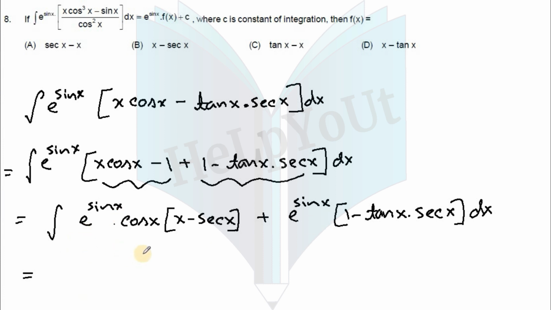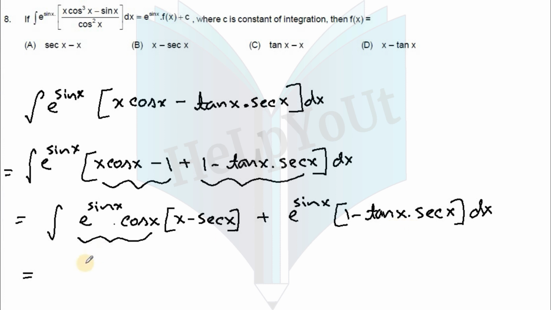And here notice this is the differentiation of e to the power sin x, because if we differentiate e to the power sin x, then e to the power sin x will come, and for sin x we will get cos x because of the chain rule. And if we differentiate x minus sec x, then x gives 1, and sec x gives sec x times tan x.